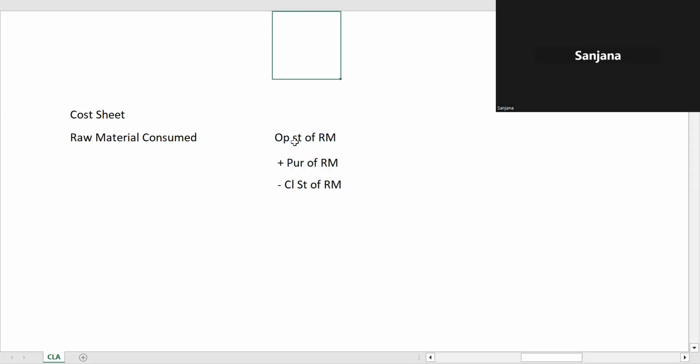Stock क्यों डिफाइन होता है कि देयर इज अ पीरियड, लेट्स से मंथ. ठीक है, एक मंथ को लेके चलते हैं. एट द एंड ऑफ द मंथ इफ यू वांट टू फाइंड आउट द प्रॉफिट, और से लेट अस से क्वार्टर. ठीक है, क्वार्टरली पीएनएल तो आजकल हर जगह बनता है, राइट? तो क्वार्टरली यू वांट टू फाइंड द प्रॉफिट, so at the end of the quarter you will have to find out what is the closing stock. ठीक है, so only then you will be able to find out what you have sold, right? जो closing stock है we don't find profit out of it, correct? So इसीलिए stock taking is done, right? And you find the closing stock of raw material. ठीक है, तो ये this is one stage.